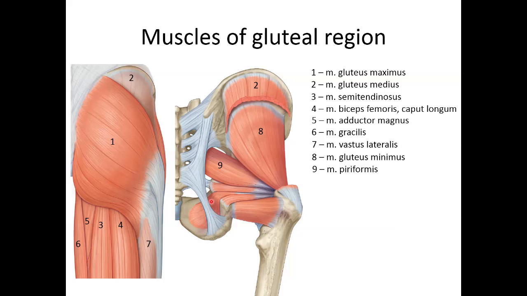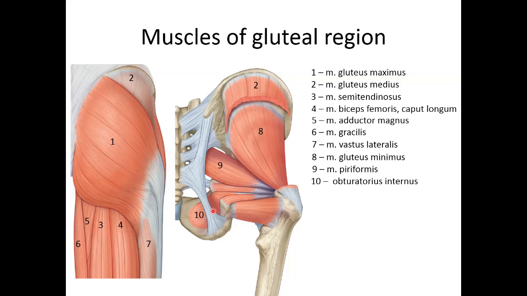Then this muscle. What is this? It's foramen obturatorium, and now we can't see foramen obturatorium because it's closed by this muscle. Number 10. What is it? It's musculus obturatorius internus. Why internus?